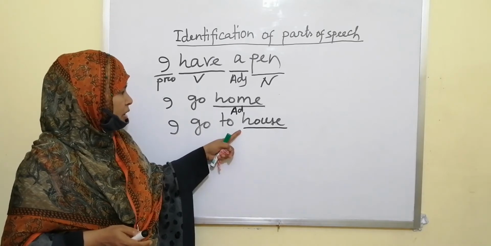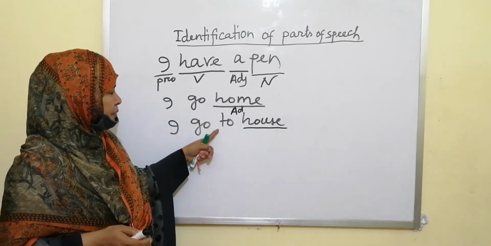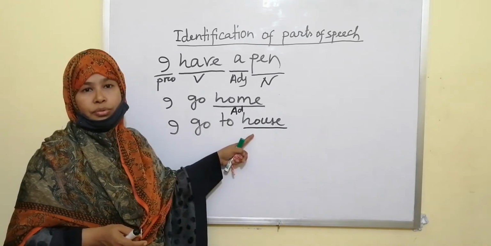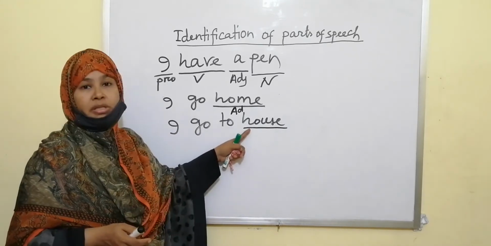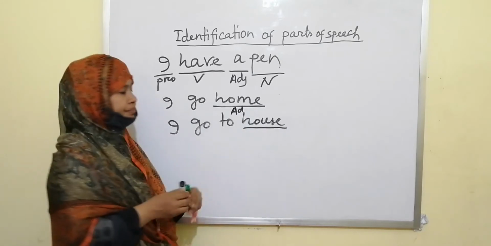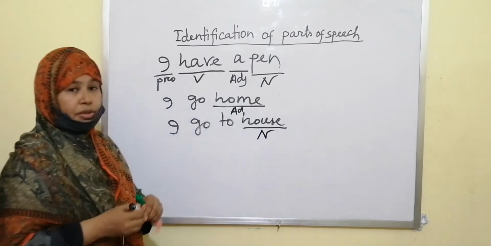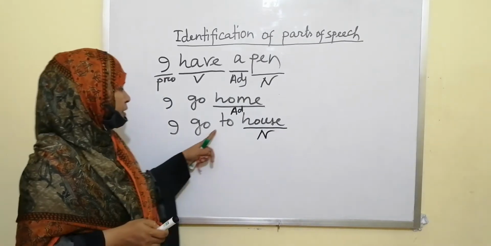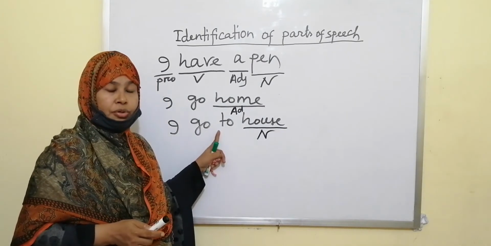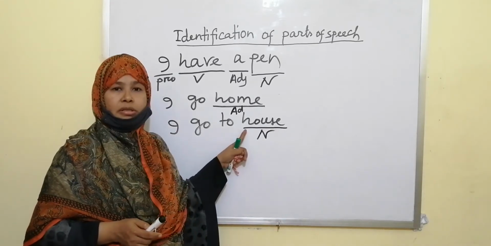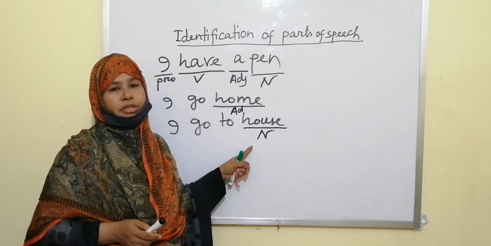So I tell you that after preposition we use noun. So home is noun here. House is noun here. Dear student, I repeat again. After preposition, when we find any single word, it is a noun. So house is noun here.